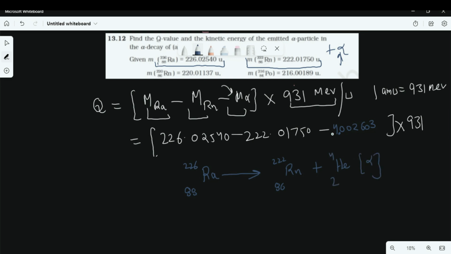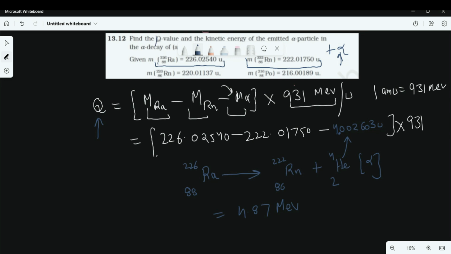The mass of alpha was not given in the question, but you have to memorize this, in atomic mass units U. If you calculate this, you get 4.87 million electron volts. So you have found the Q value of the reaction.